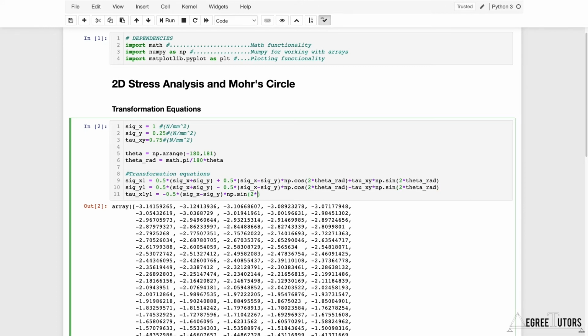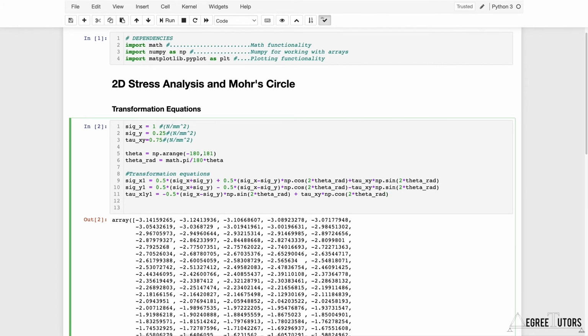So again, 2 times theta in radians, plus tau xy times np dot cosine of 2 times theta in radians. Now it's going to be a miracle if I didn't make a mistake somewhere in there, but it'll soon become apparent. So let's just go ahead and plot these straight away.